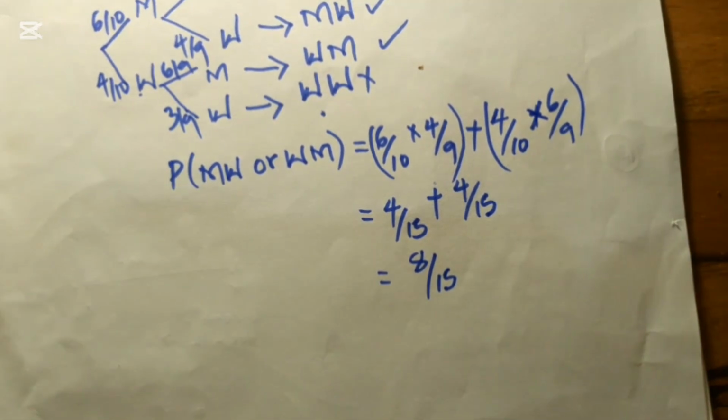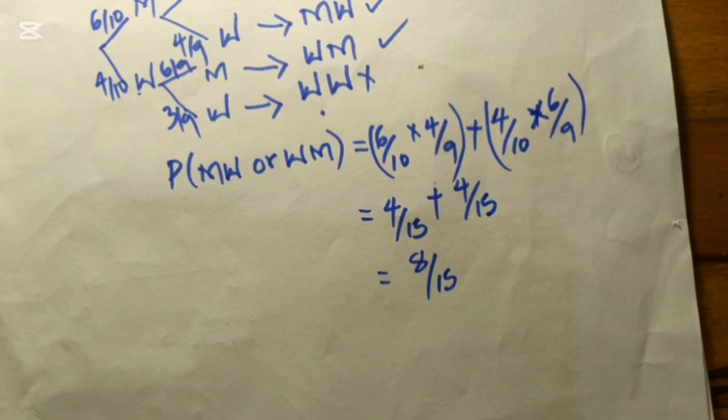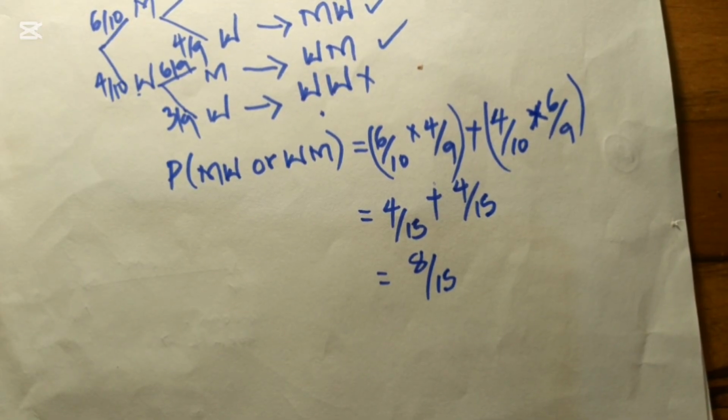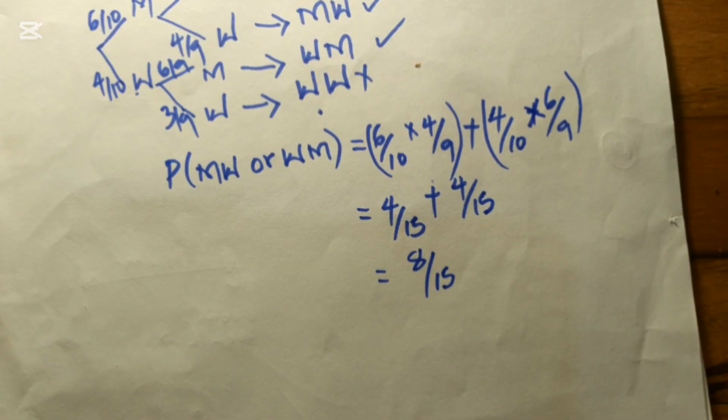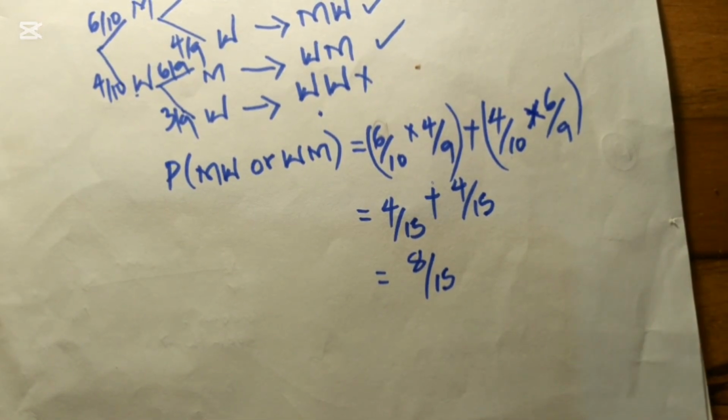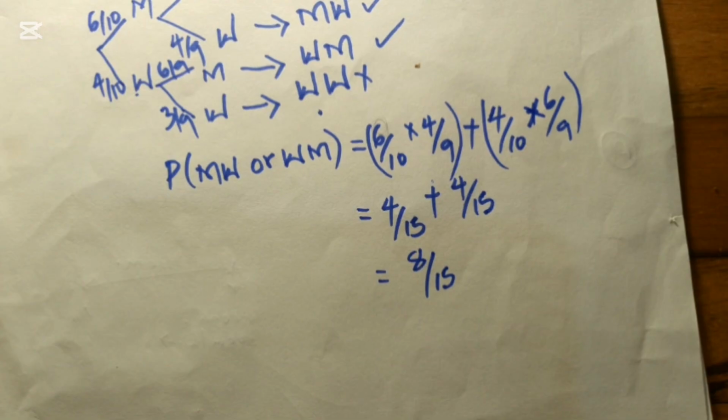Yes. And then some people ask, when is probability 0 and when is probability 1? I can give an example of probability being 0. Something that cannot happen. For instance, what is the probability that you are older than your mother?